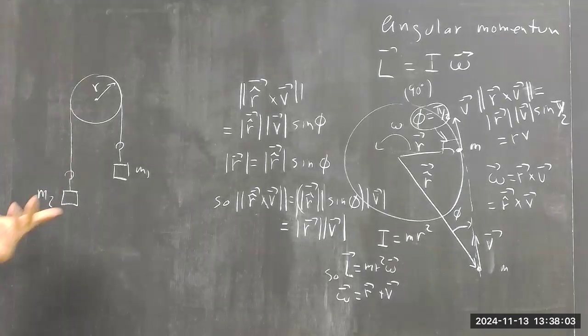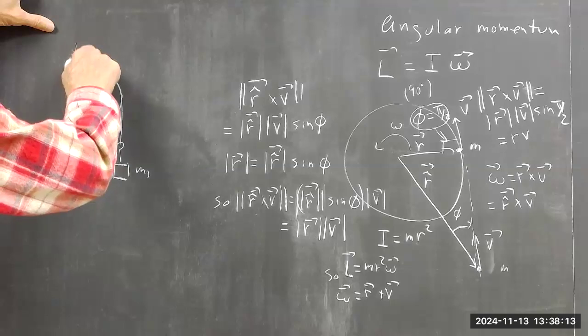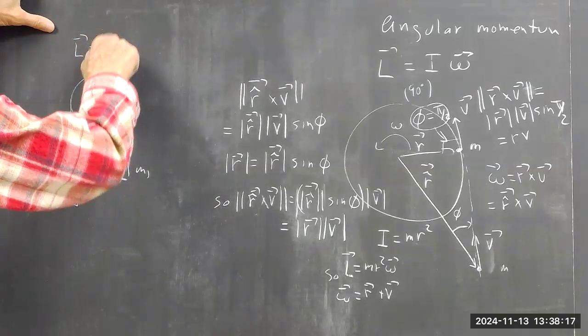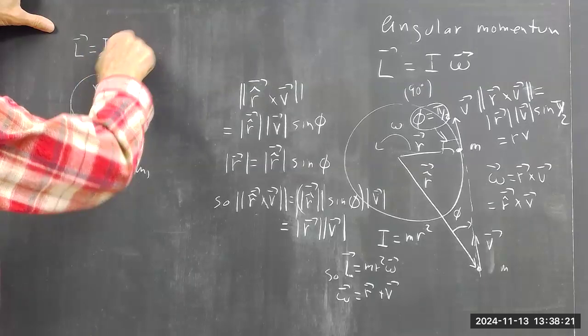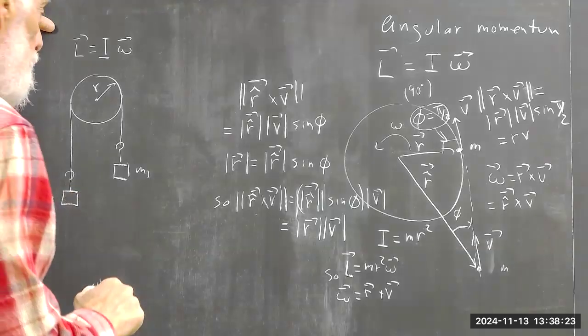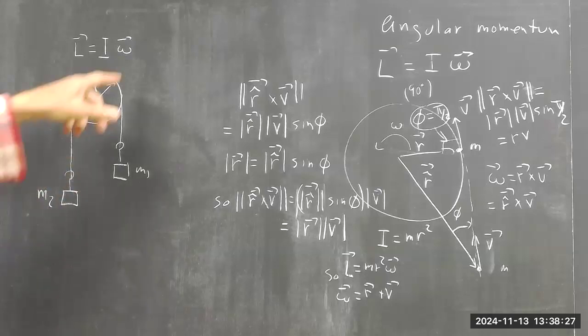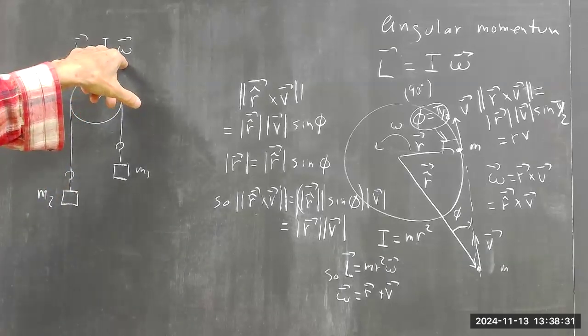And what's the moment of inertia? So what's the angular momentum of this thing? If it's moving, it's some angular velocity with magnitude omega.